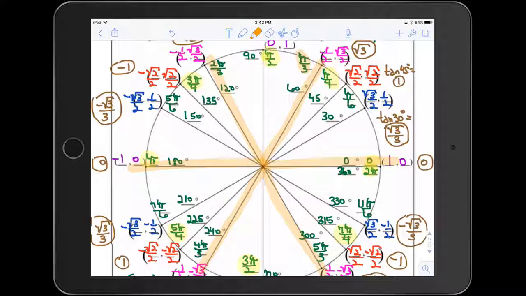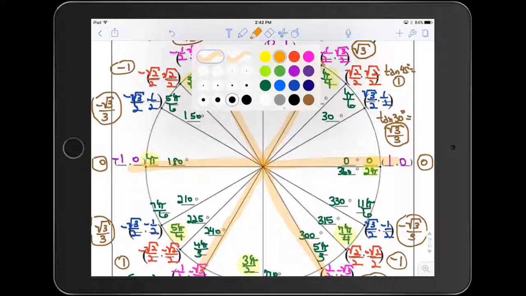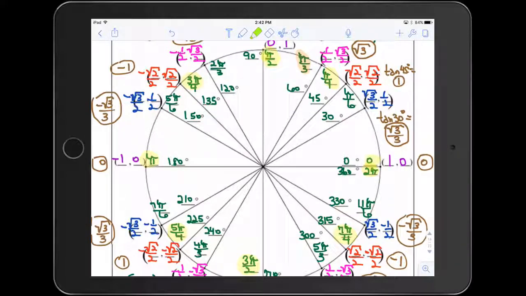Lastly is pi over 6, and I really like pi over 6 because that's actually the one I tend to use. I don't do the pi over 3's all the time in my head. I am going to do it in this obnoxious green. This is pi over 6 right here.